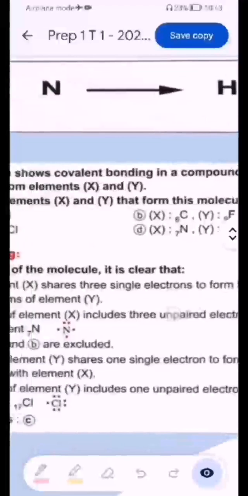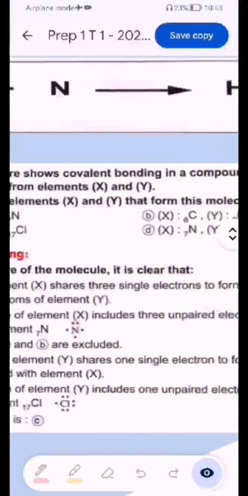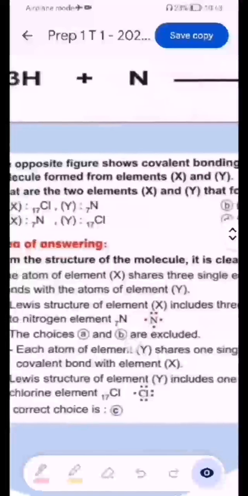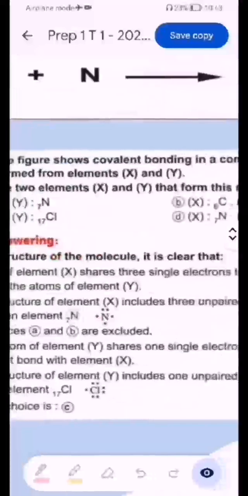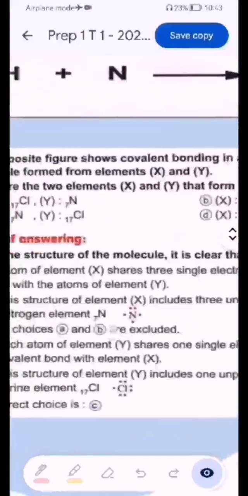So the first choice, that means 2, 8, 7, outermost contains 7. Does X contain 7? No, it contains 5. So the first choice is false. Second choice B, X is C6. Look at this. C6 means 2, 4. Outermost contains 4. Does X here contain 4? No. So it's false.